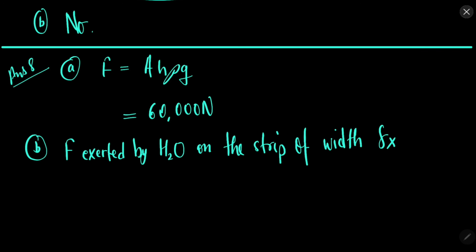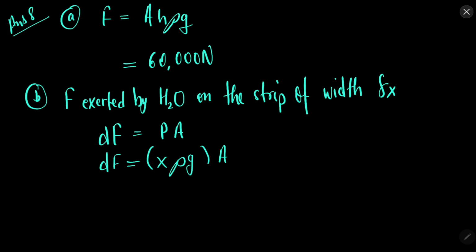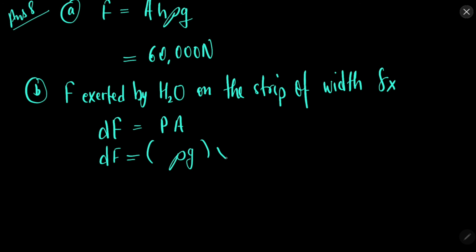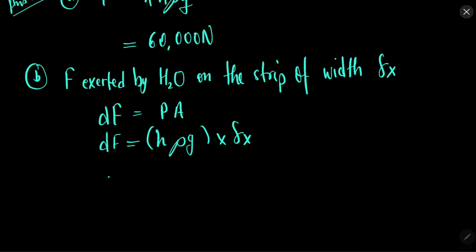It will be given by dF equal to pressure into area, which will be x rho g into area. Once you solve this, here we can write x delta x, which will give us the area and the height. So after solving, you will find that the force will come out to be 20,000 x delta x newtons.